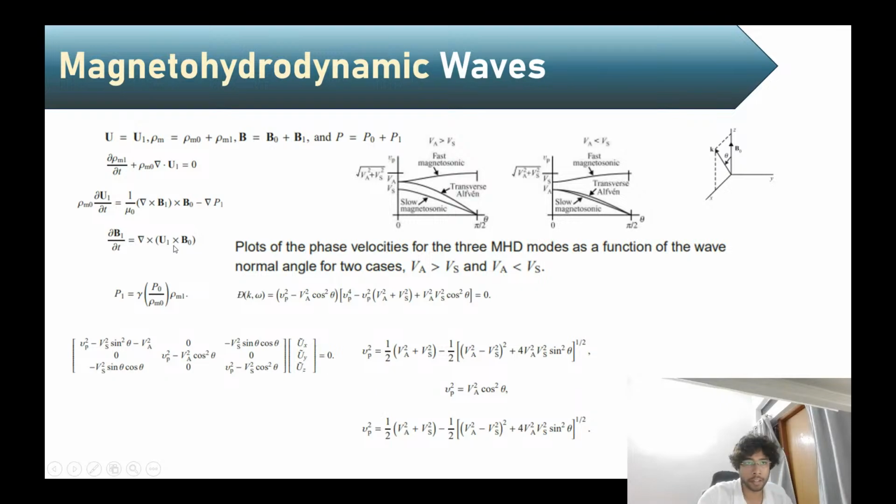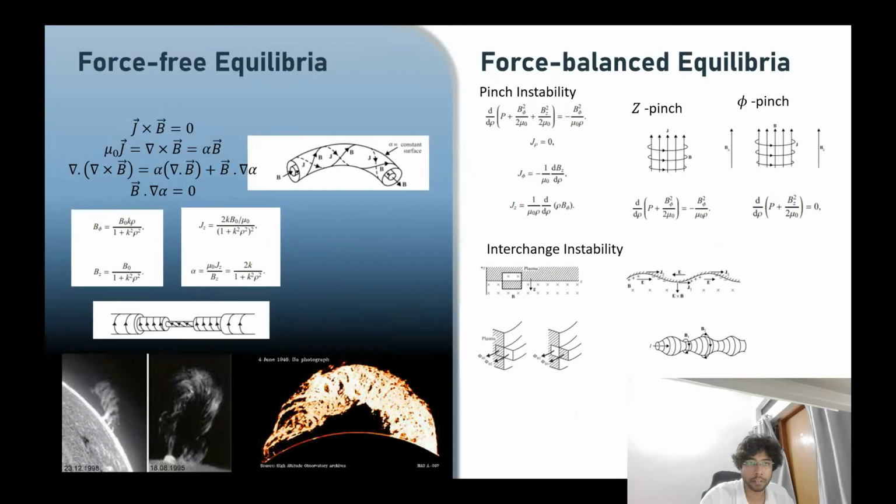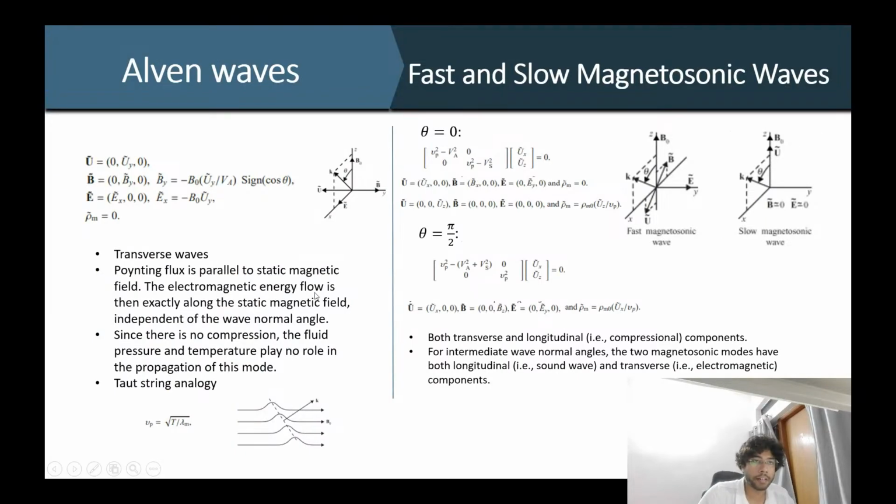Well, b naught and k, we already know the directions. This is the b naught direction, which is z. K is at an angle theta to it. And u, as I said, is in the y direction. And b, if you solve from that equation, you get that b also is only in the y direction. The rest of the components of b don't survive.